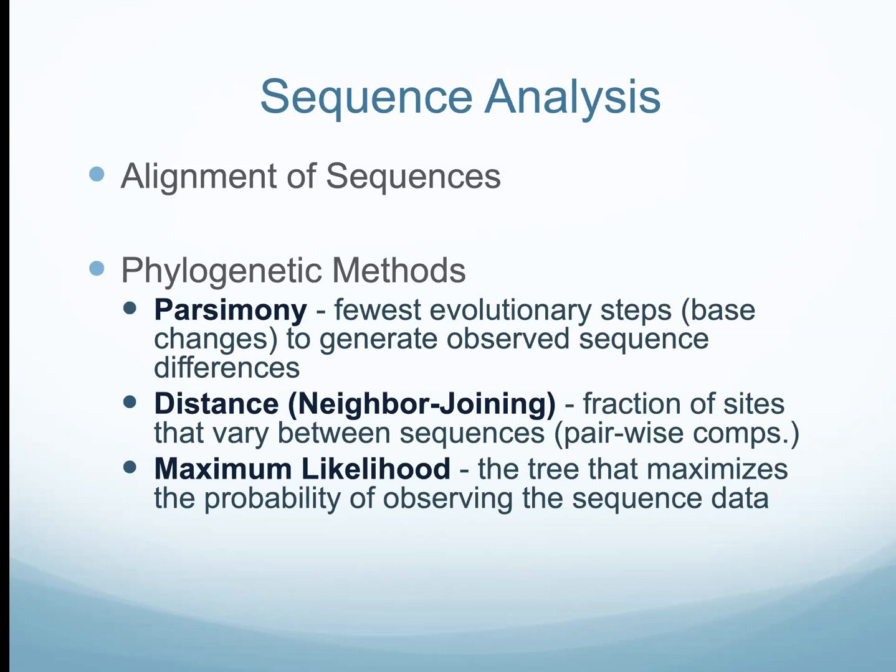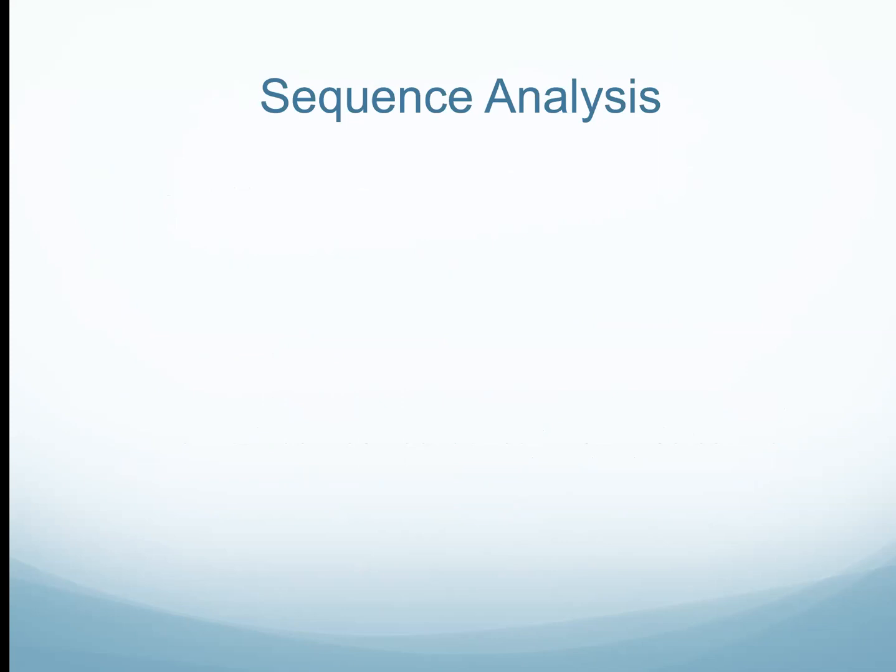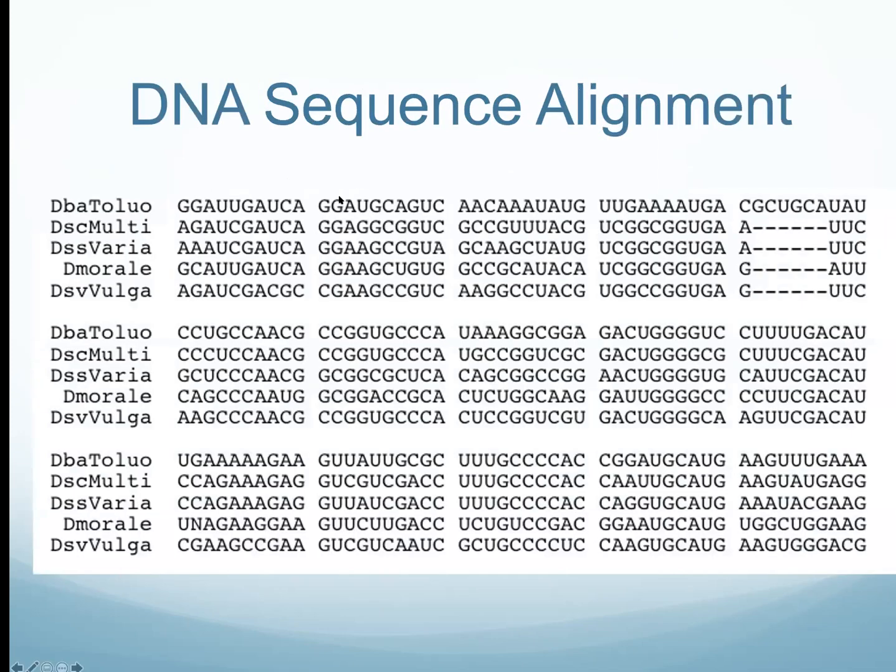Because if you think about it, every one of those nucleotide base pair changes that we saw here arose via a mutation in that lineage that didn't occur in the other lineage.